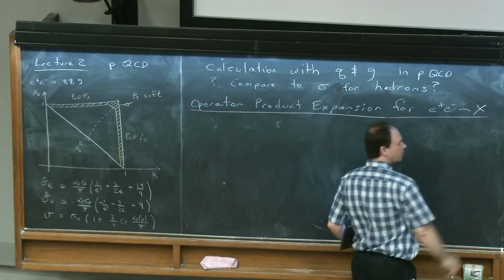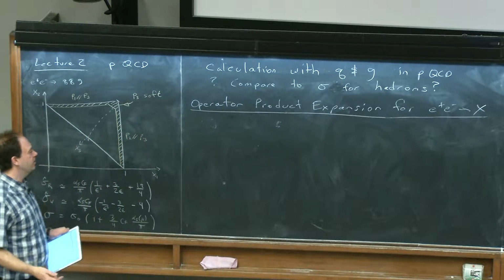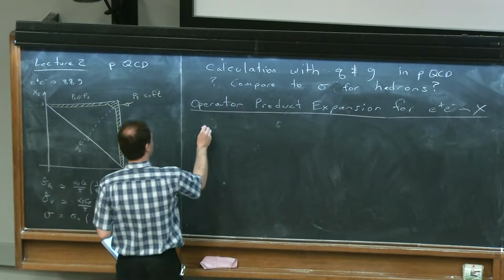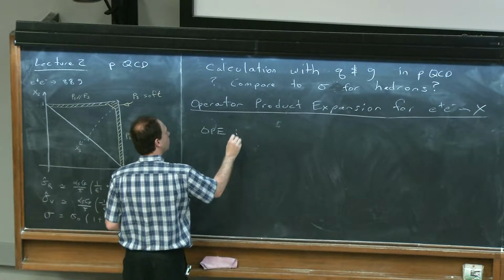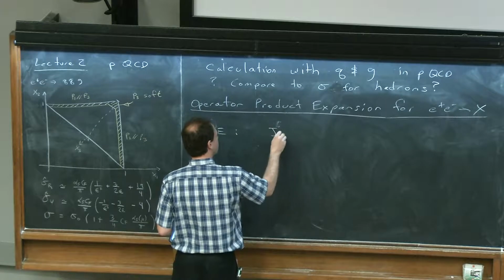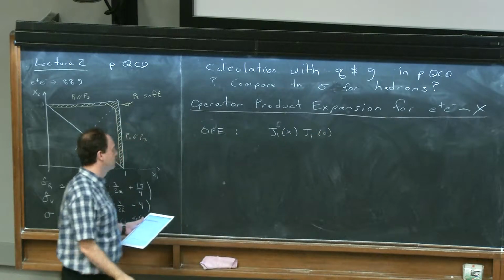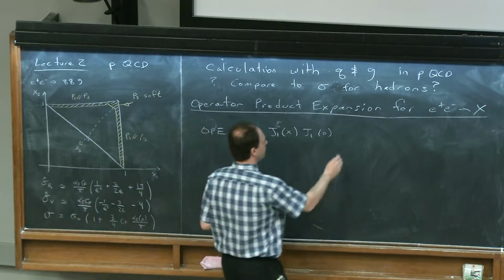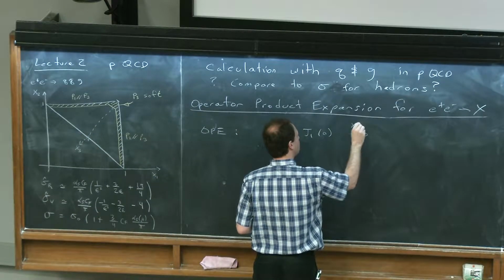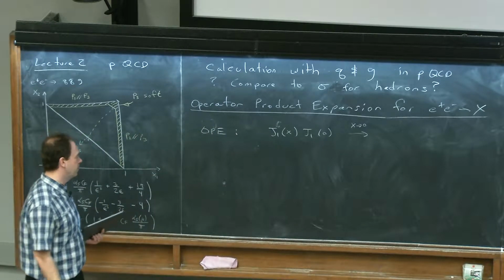Okay, so first of all, what do we mean by an operator product expansion? In quantum field theory, an operator product expansion, or OPE for short, is the idea that if I have two operators, say J1 and J2, separated by some space-time distance x, then as I take the limit that x goes to 0, the two operators are coming together and they give another operator.